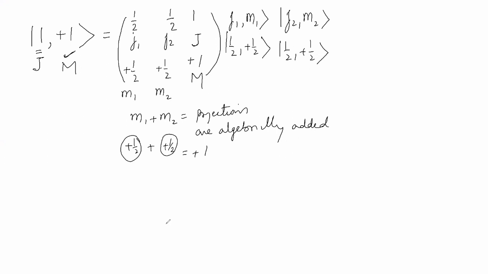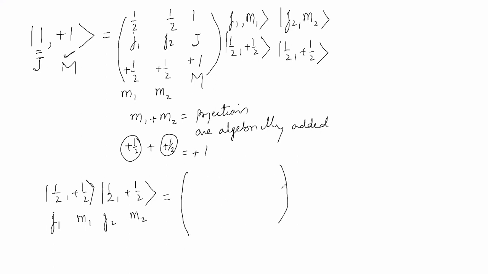Or equivalently, I can tell you that I am giving you two objects. In both these states, you have M1 equal to plus half as well as M2 equal to plus half. How are you combining this?